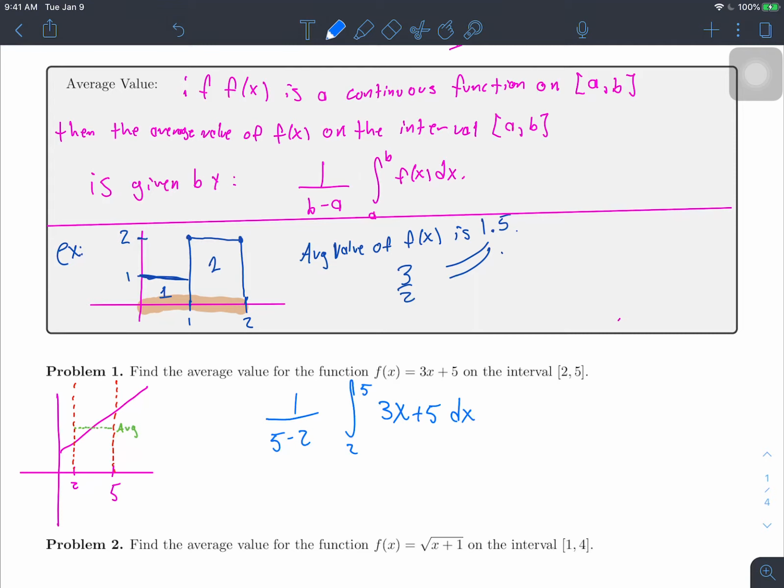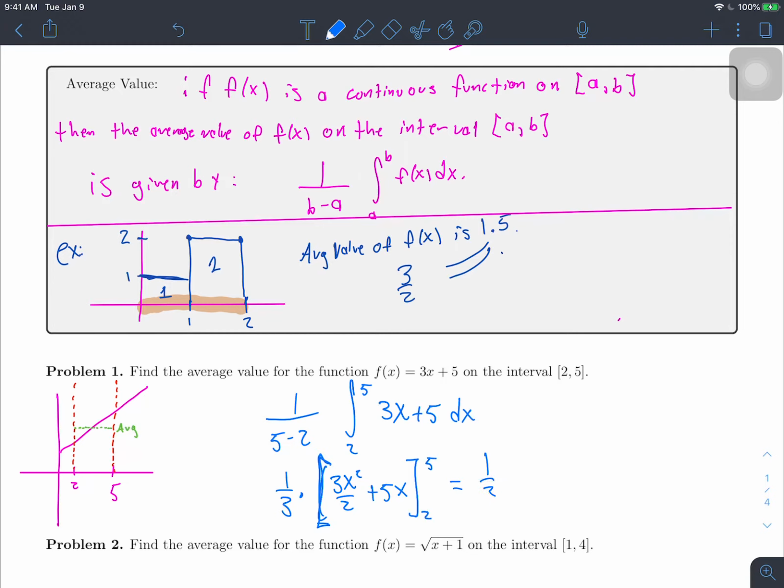Okay, so now all that's left to do is just do this. So we'll take 1/3 times, let's see, 3x will become 3x squared over 2. Do the square brackets. 3x squared over 2 plus 5x. And we will evaluate that at 2 and 5.